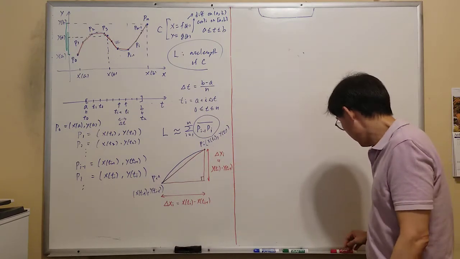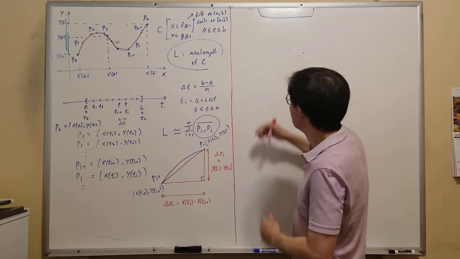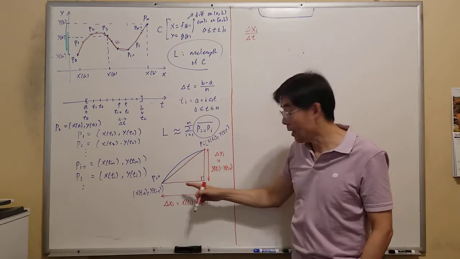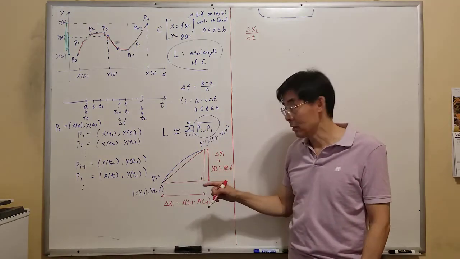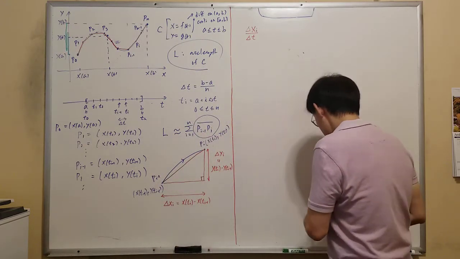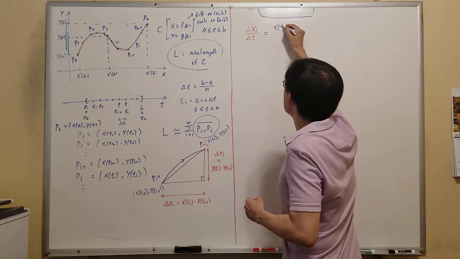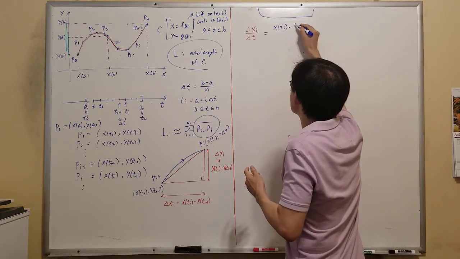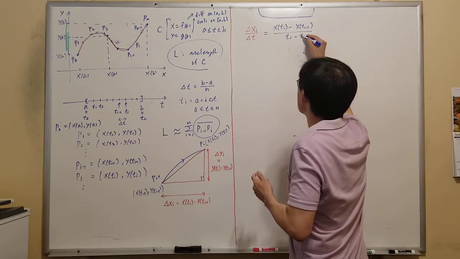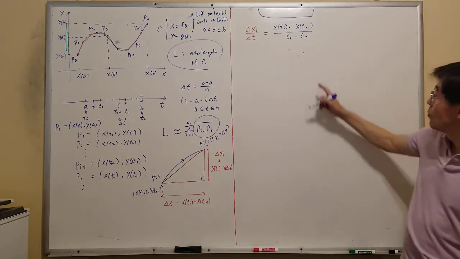Now look at delta x_i over delta t, where delta t is the time difference between this point and this point. We're moving in that direction right now. That is x of t_i minus x of t_{i-1}, over delta t, which is t_i minus t_{i-1}.